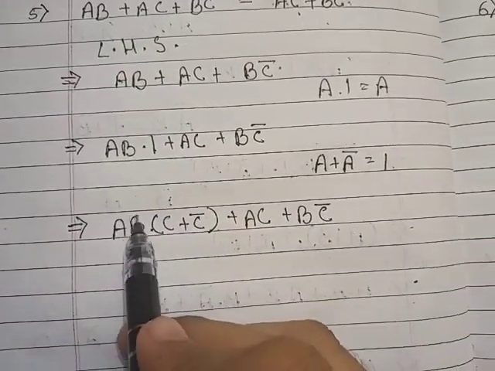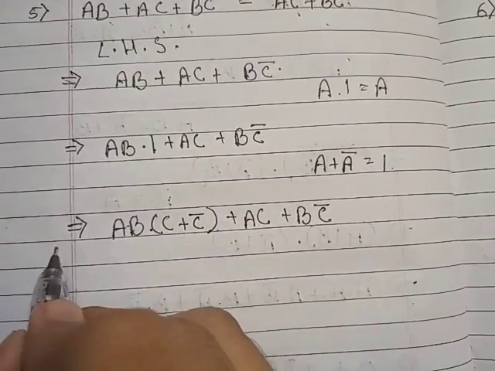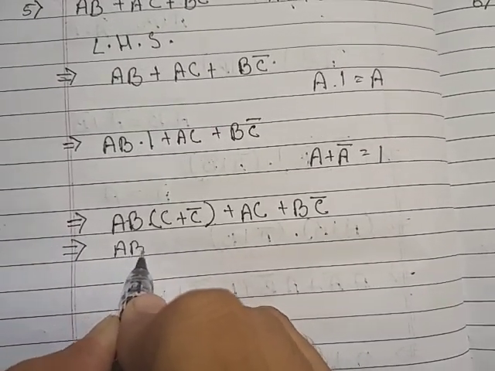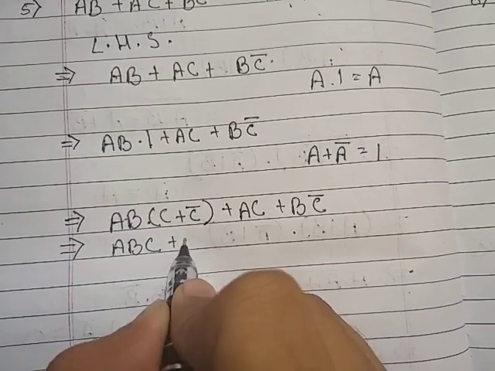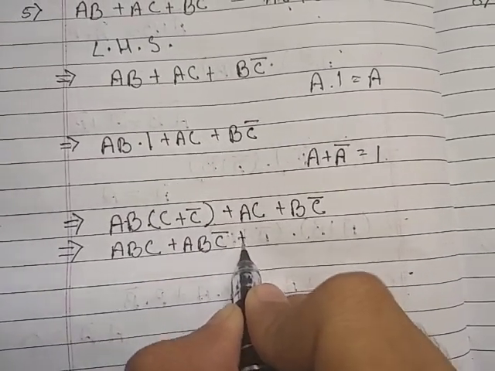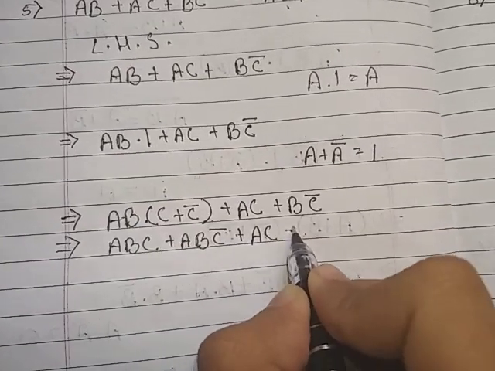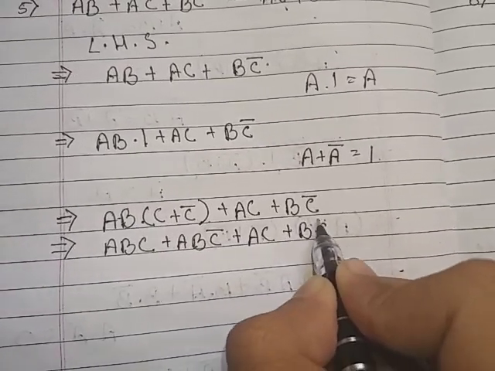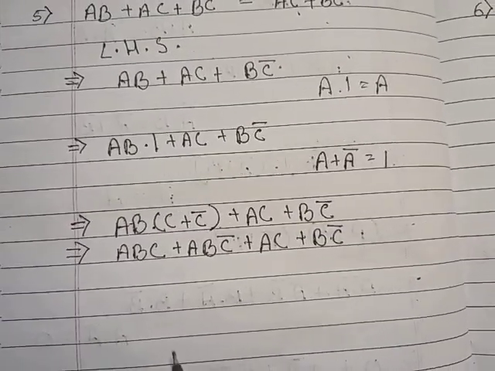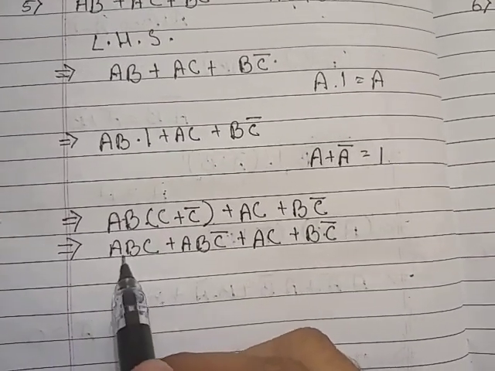Now, in the next step, we are going to open the brackets. So we will get ABC plus ABC bar plus AC plus BC bar. Clear? Now, look here.